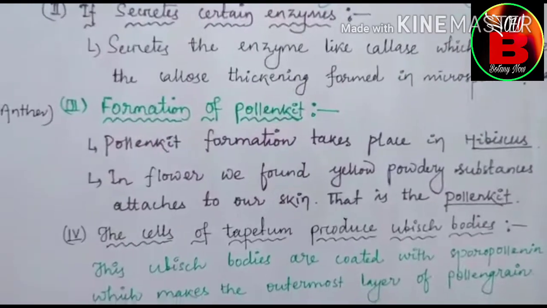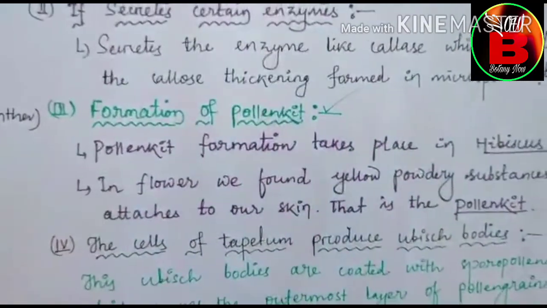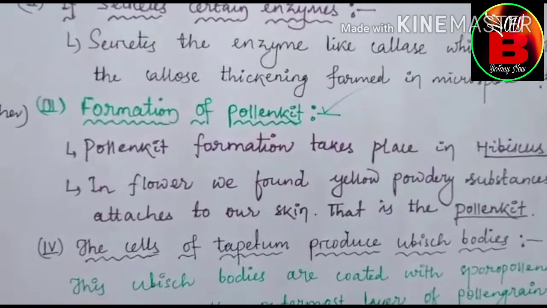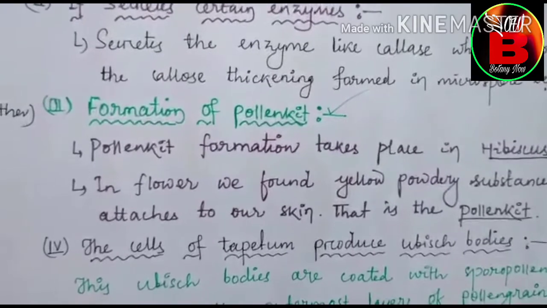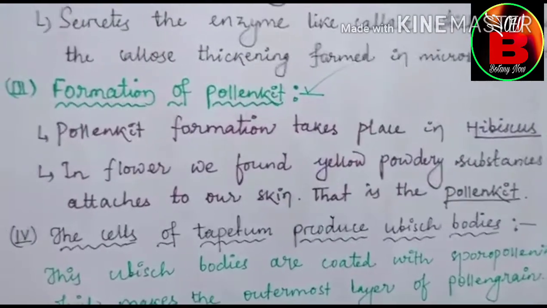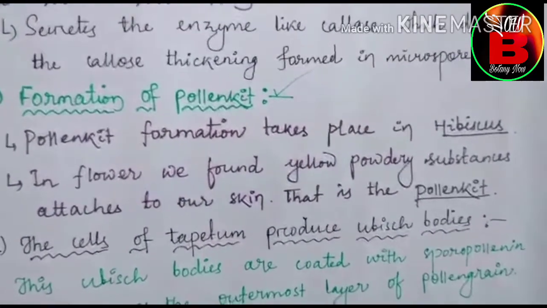Then the third function: it helps in the formation of pollenkitt. Pollenkitt formation does not take place in all types of flowers, but in the case of hibiscus, which is called China rose, the pollenkitt formation takes place.